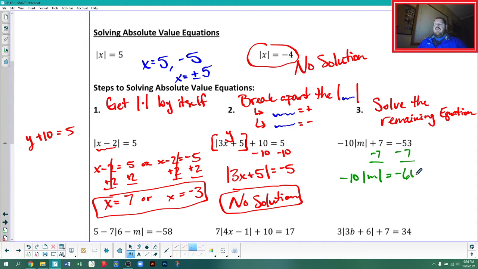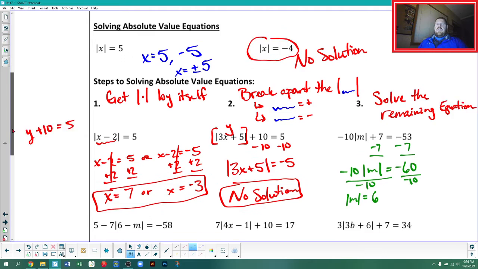And you might be looking here like, hey, you said it couldn't be a negative. Well, it can't, but I don't have the absolute value by itself yet. What happens when I divide both sides by negative 10? That gives me the absolute value of m equals negative 60 over negative 10, which is positive 6. So that does work.